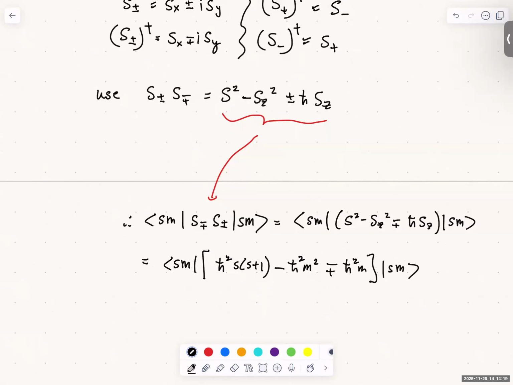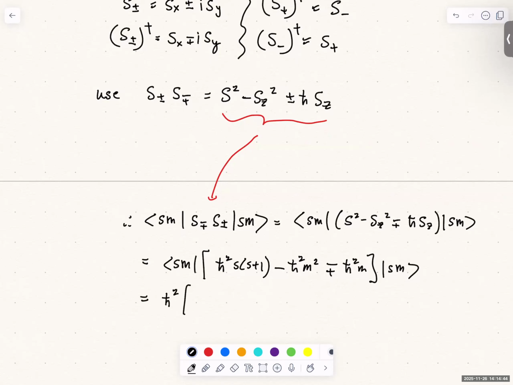All right. But now these are all just numbers. These aren't operators anymore. So I can take these outside, and then I have eigenstate Sm, inner product with eigenstate Sm. If those are normalized, that's just going to be a 1. So this is just equal to H bar squared.